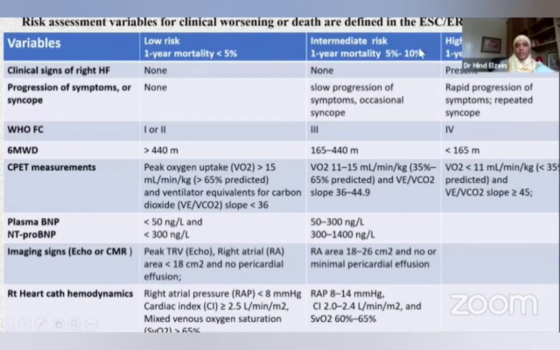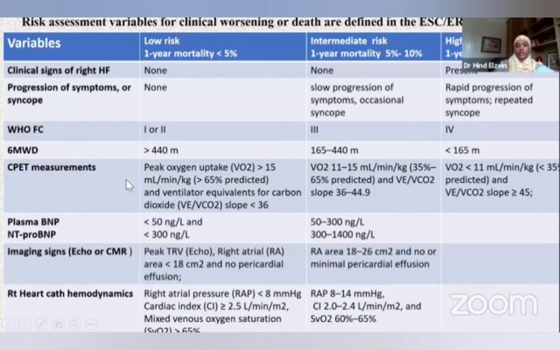These are the variables according to the ESC/ERS guidelines. As you can see, it includes all the parameters required to assess those patients, starting from the history with symptoms of the patient, the clinical findings of right heart failure, also the functional capacity according to WHO, the walking distance, the 6-minute walking distance.